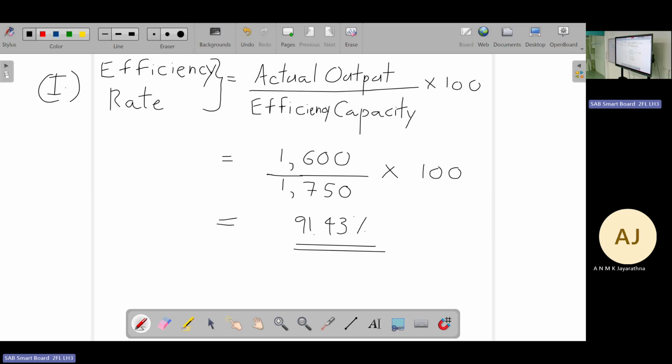You can see that the question format is totally the same. Main question number 3 and sub question number 3.